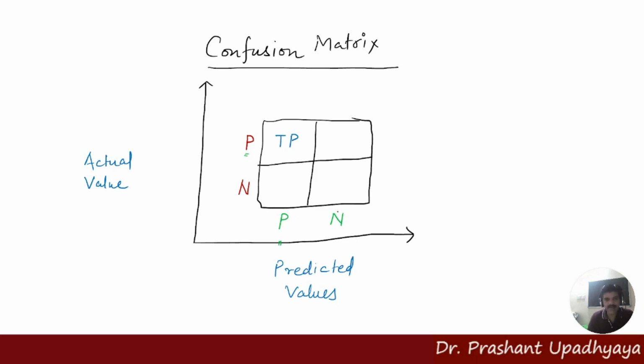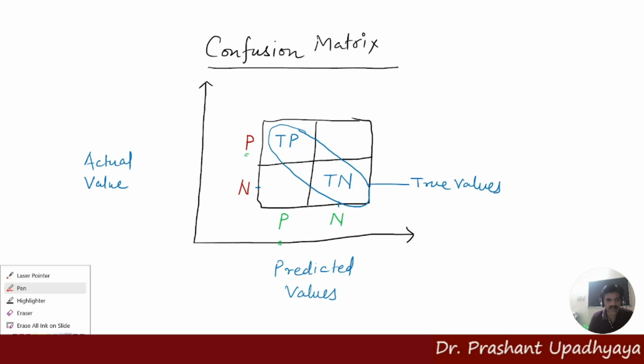And when the actual value was negative and the predicted value was also negative, here we write a true negative. This diagonal, as you can see, gives the true values.